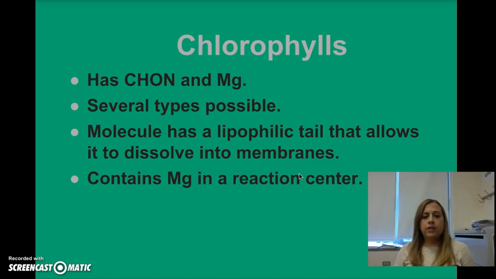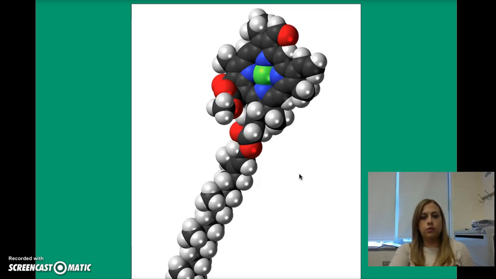These molecules have a lipophilic tail. Lipophilic: lipo like lipid, philic meaning to like. So this tail likes lipids, which allows it to dissolve into the membranes of the thylakoids. And they contain a reaction center, which is going to be really important when we talk a little bit more later on about the details of photosynthesis.